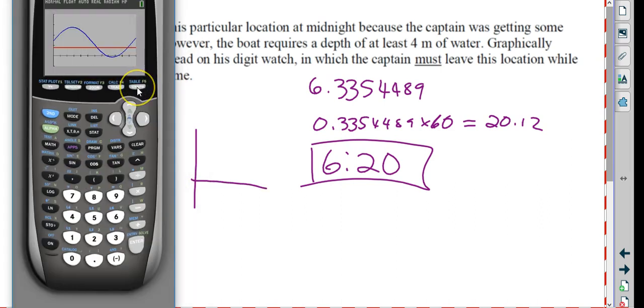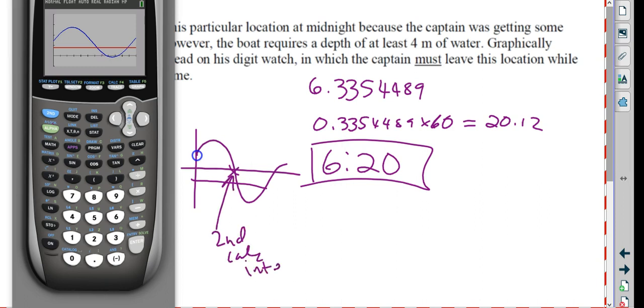Sketch what it looks like. Second calc, intersect. X equals, and so on. Be a little louder, people on YouTube want to hear you.